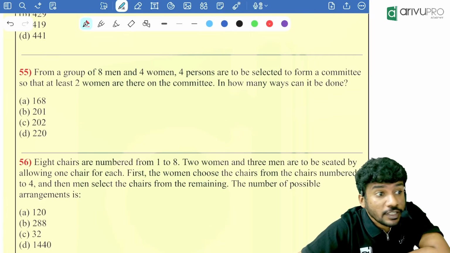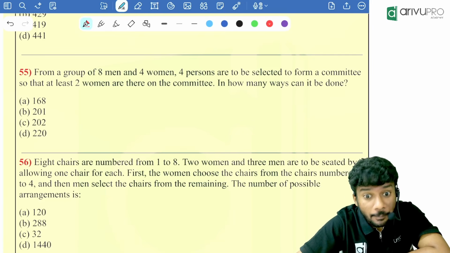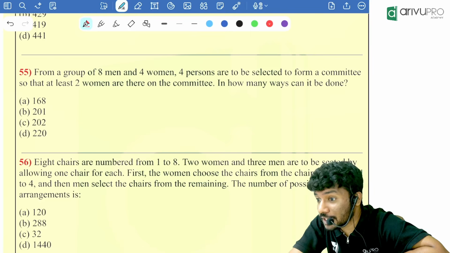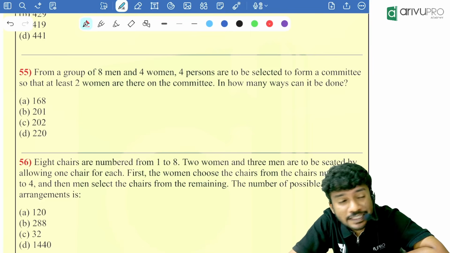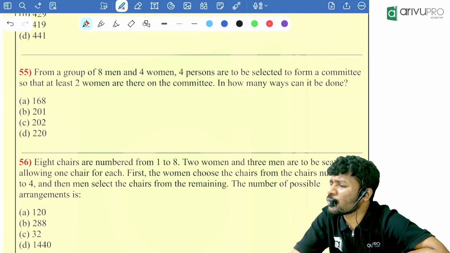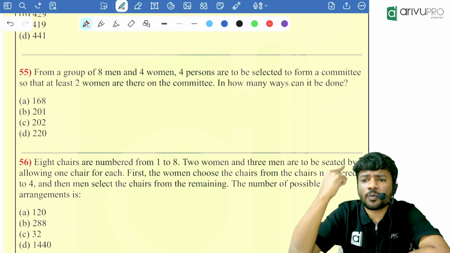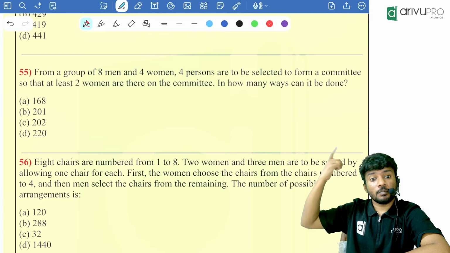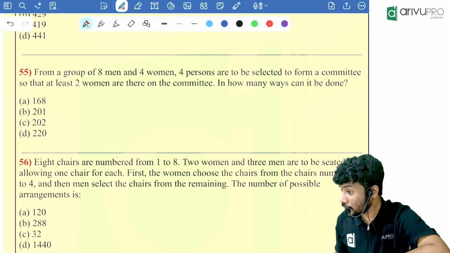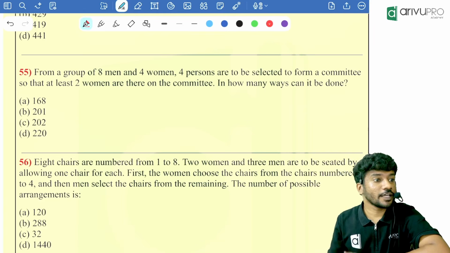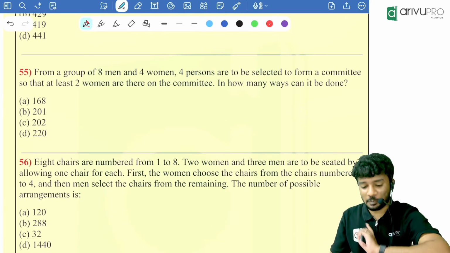At least 40 marks means minimum 40 marks you should get, 40 or more. Then my question is, at least 1 means what? 1 or more. At least 2 means 2 or more. That is the important part over here.